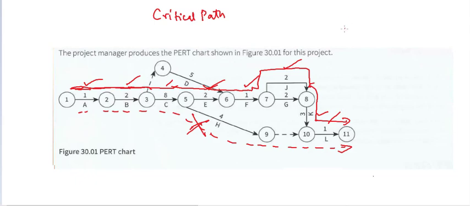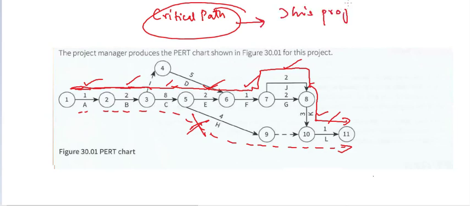So what we are basically saying is that once we have chosen the critical path, this project will take 20 weeks to complete.